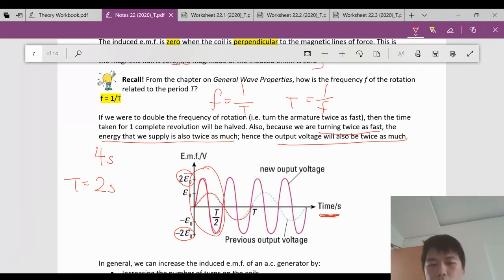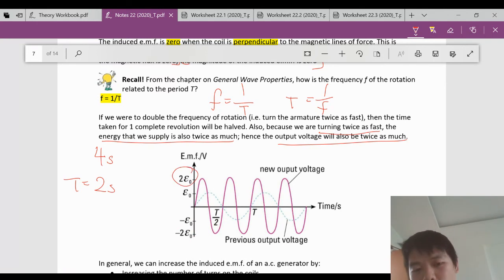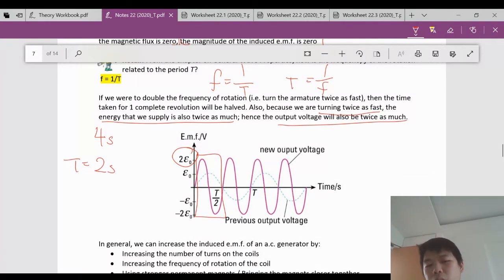There are two things that I want you to take note of here. Number one, when you spin at twice the frequency, your EMF doubles. At the same time, the wave will take a shorter period of time. So these are two things to take note of when we draw the EMF-time graph.